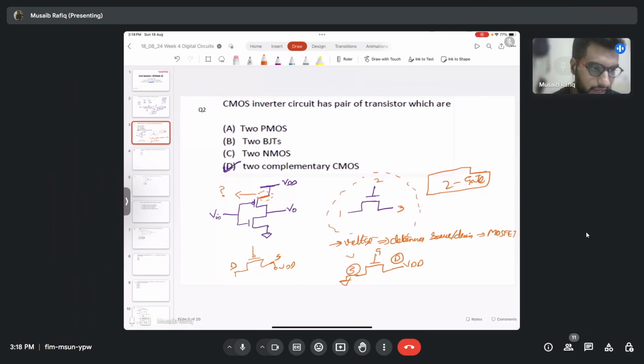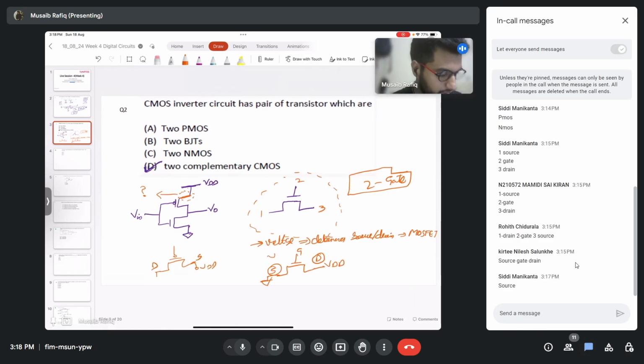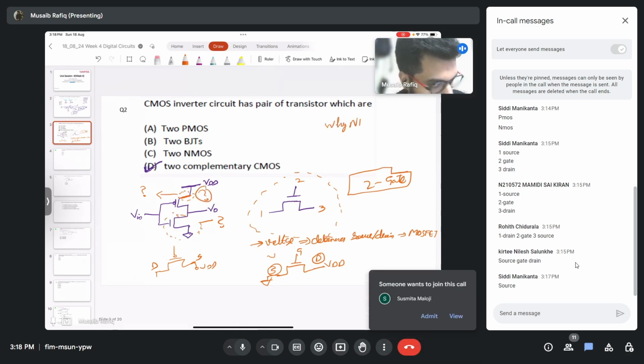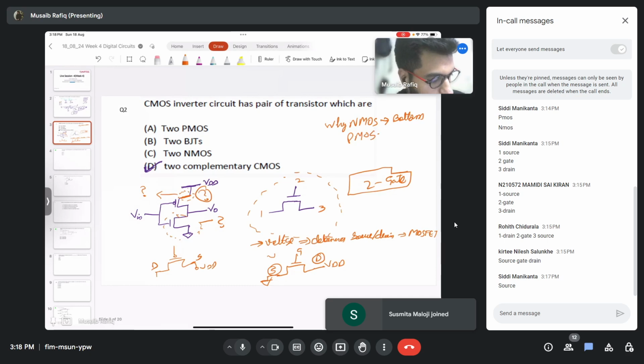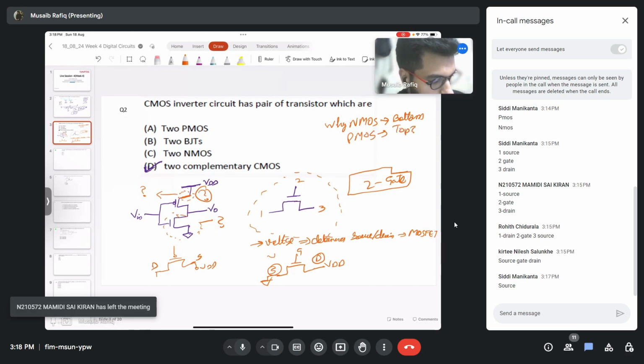Now I'll come to another point in this topic: why have we connected NMOS at the bottom and PMOS at the top? What is the logic behind it?